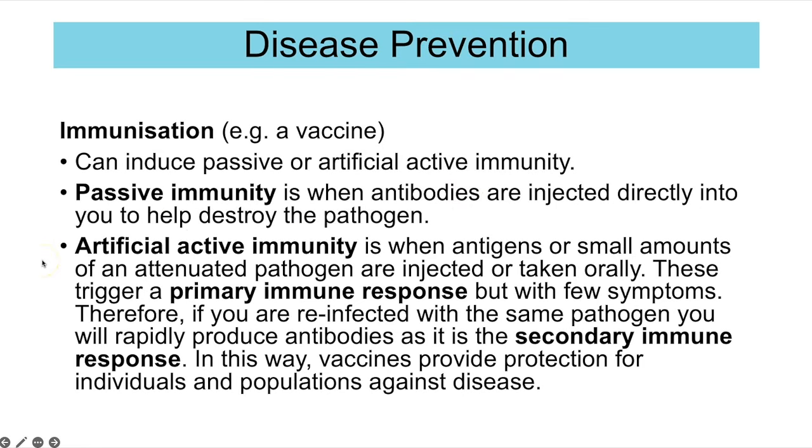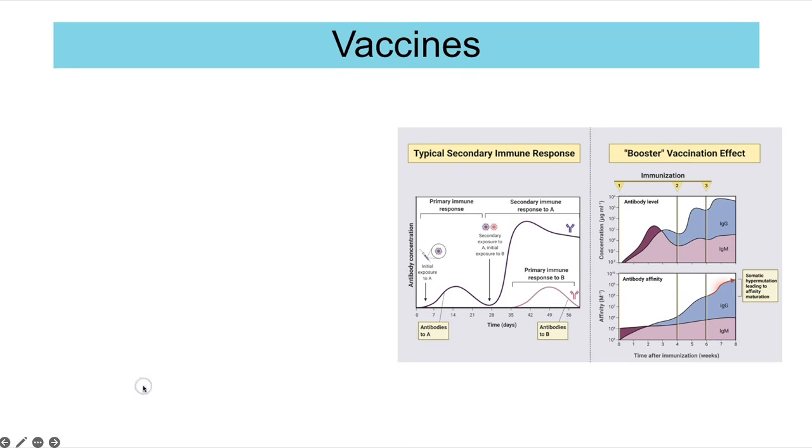But artificial active immunity is when you're being injected with small amounts of weakened or attenuated pathogen, and that will trigger a primary immune response, but with very, very limited symptoms compared to what the actual pathogen would cause you if you were infected. So therefore, if you do get reinfected with the same pathogen, you will rapidly produce antibodies and in large quantities because you would then be experiencing a secondary immune response. And this is how vaccines provide this active artificial immunity.